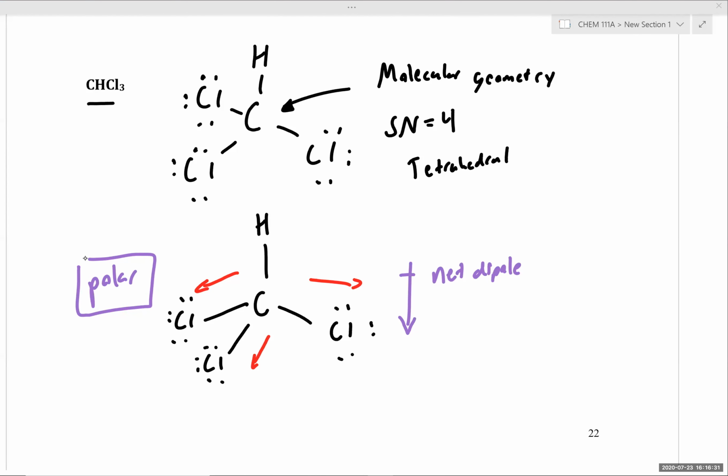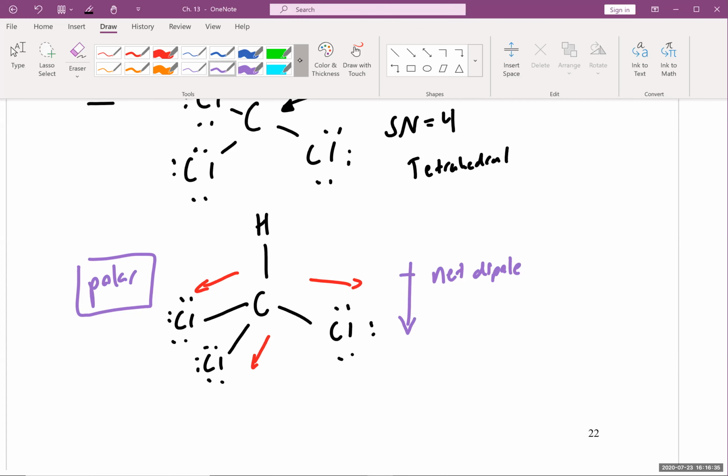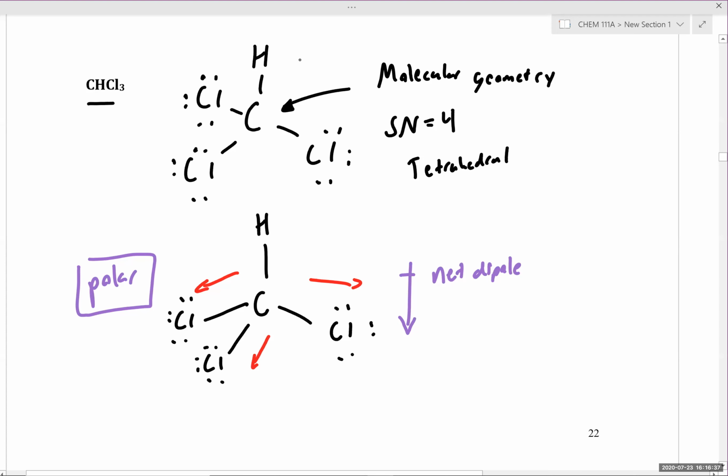Yes. So if we think about the tetrahedral geometry, I'm going to turn on the webcam to help you see this, so that it's a little more clear. Okay.